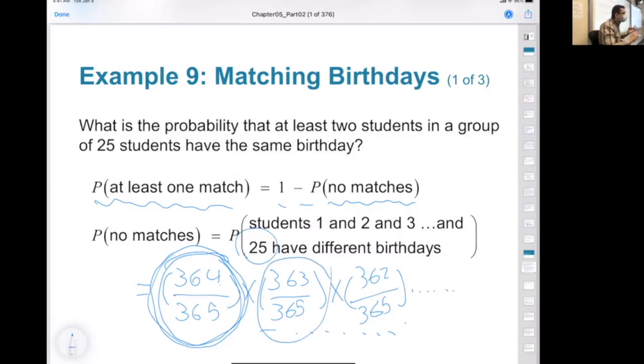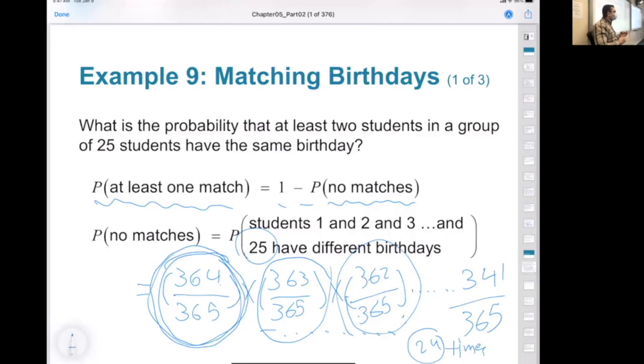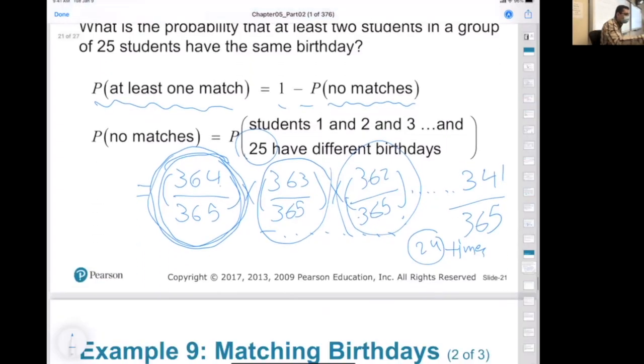Another one, 362, and so on until 341 divided by 365, because we will continue the same way 24 times. Why 24 times? Because we have 25 students. We suppose that one matches and the others do not, so we will reduce this by 25 times, as you can see here.